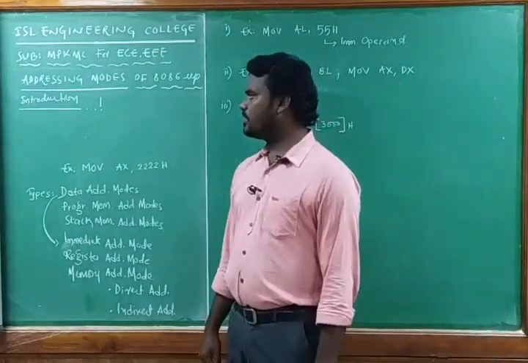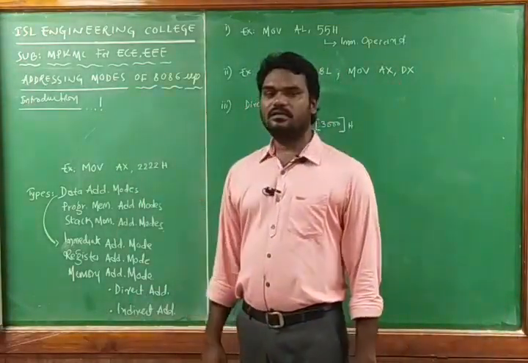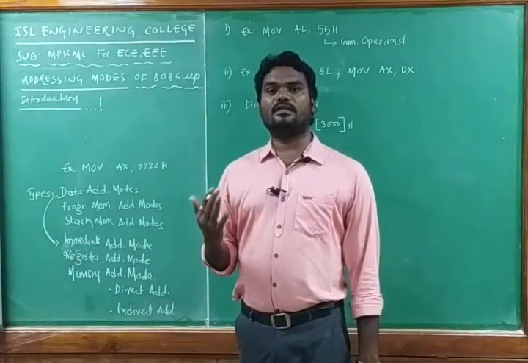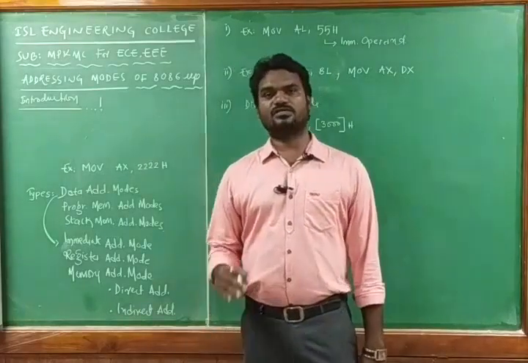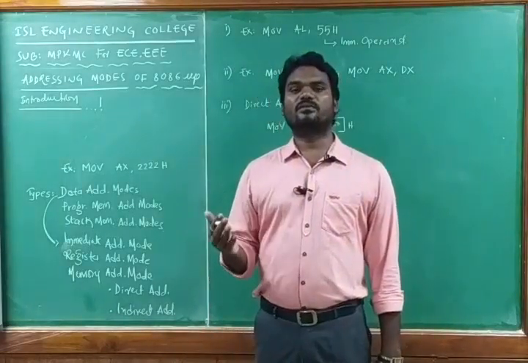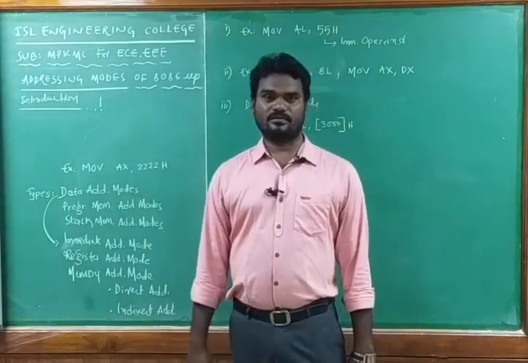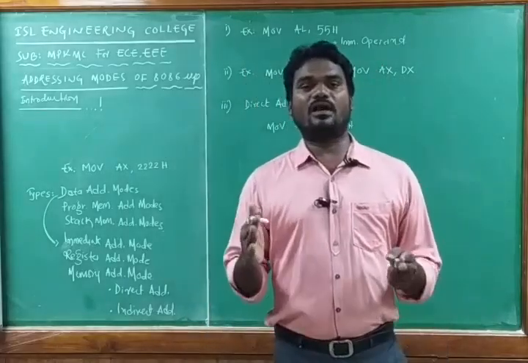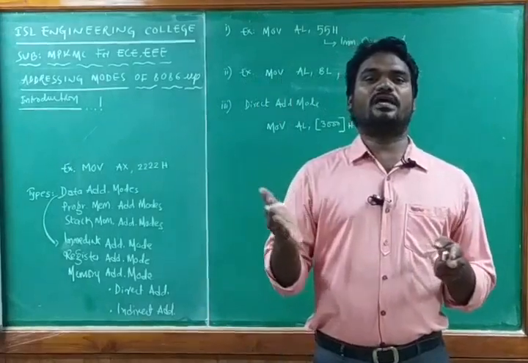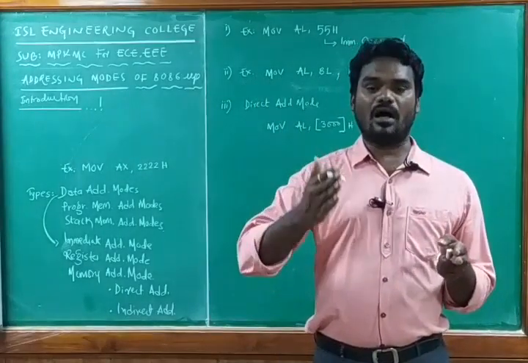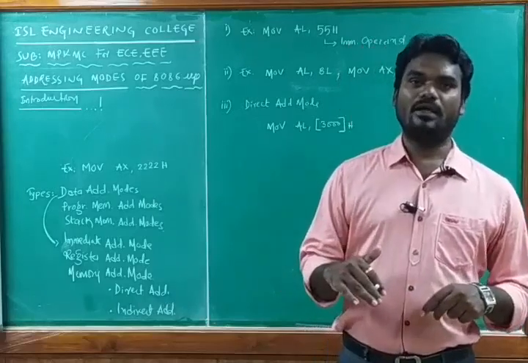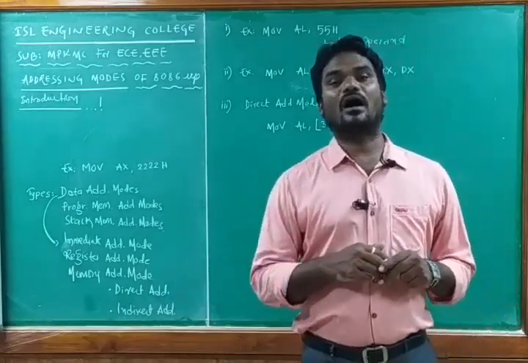Here we are saying that the instructions are going to operate on the data. Instructions are going to perform some operation on data. The data on which the instructions operate is called operands.